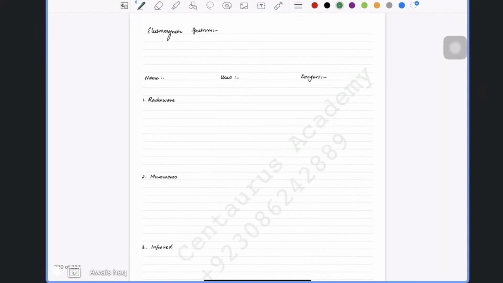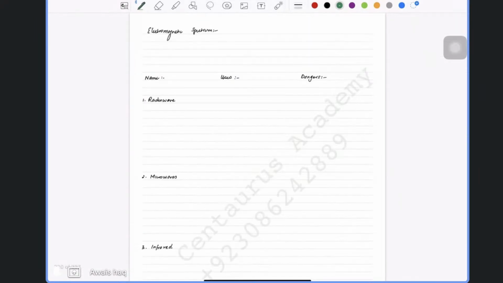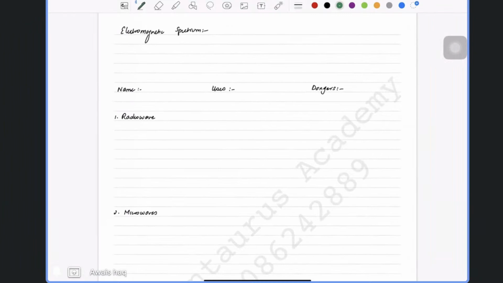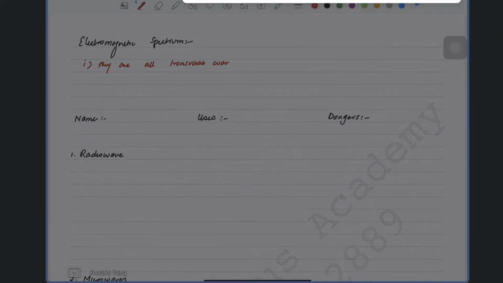Okay, then today we are gonna start with the electromagnetic spectrum. That was basically the main agenda. So the electromagnetic spectrum has some properties. The first property is that they are all transverse waves.